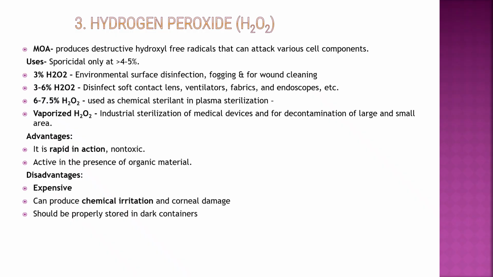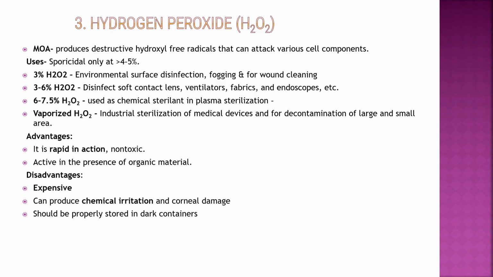H2O2, hydrogen peroxide, mechanism of action, it produces hydroxyl free radicals which are toxic and attack the various cell components. The uses are sporicidal at more than 4 to 5% concentration. 3% H2O2 for environmental surface disinfection, fogging and wound cleaning. 3 to 6% H2O2 for disinfection of soft contact lenses, ventilators, endoscopes. 6 to 7.5% H2O2 as a chemical sterilant in plasma sterilization.